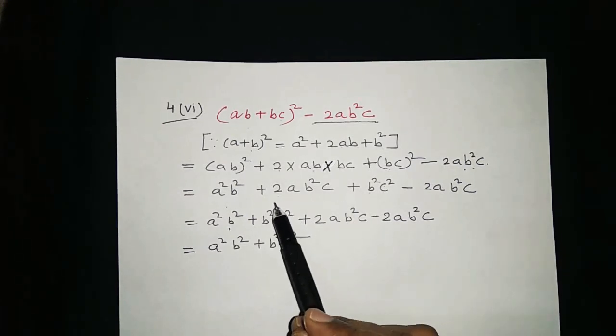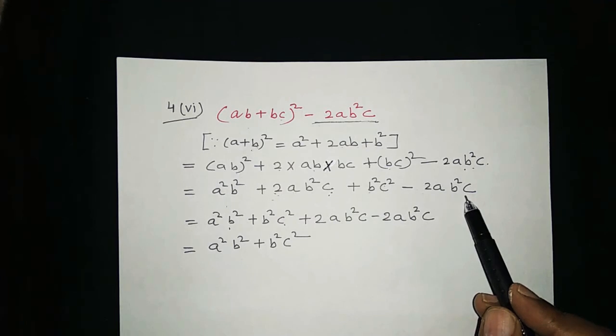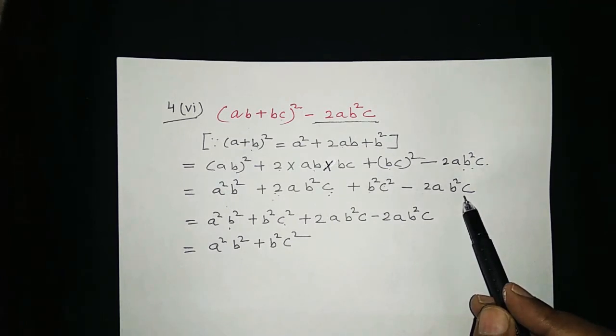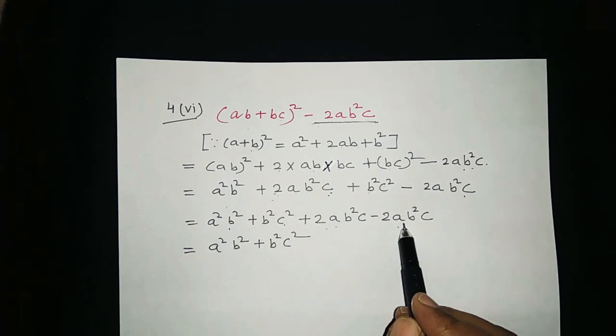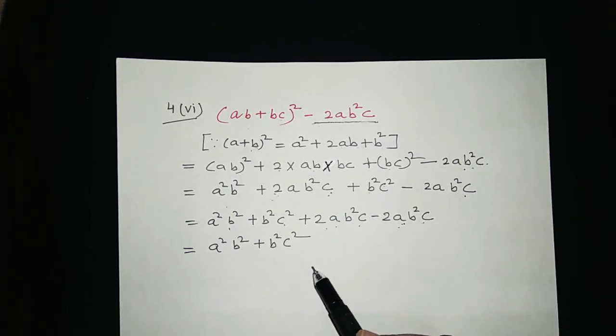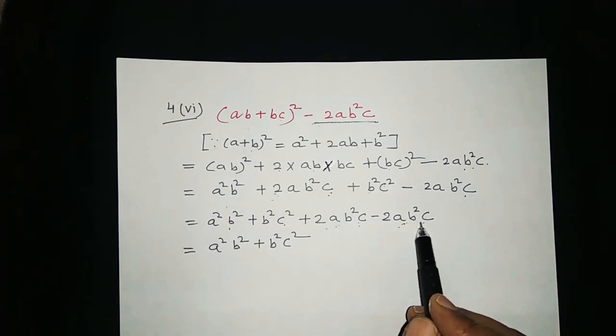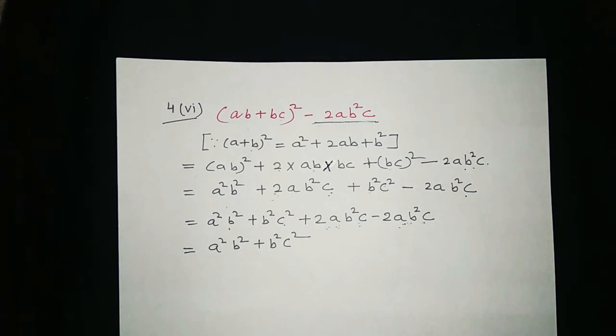Now this plus 2AB square C, and after this minus 2AB square C we will write, and we can see that both are like terms, because their literal parts are the same: AB square C, AB square C. They both are like terms, so here we can solve.